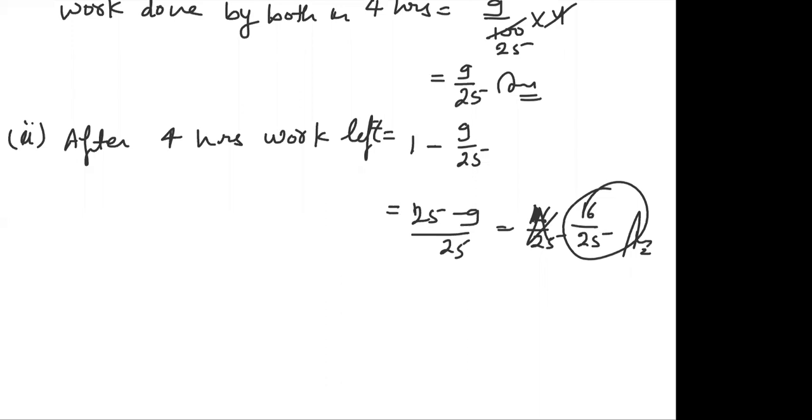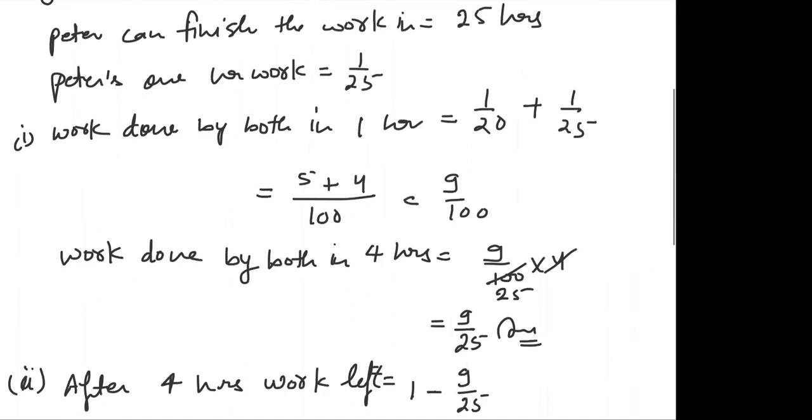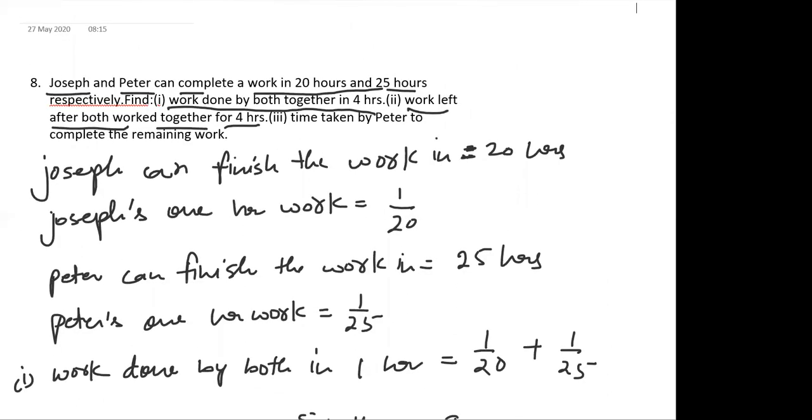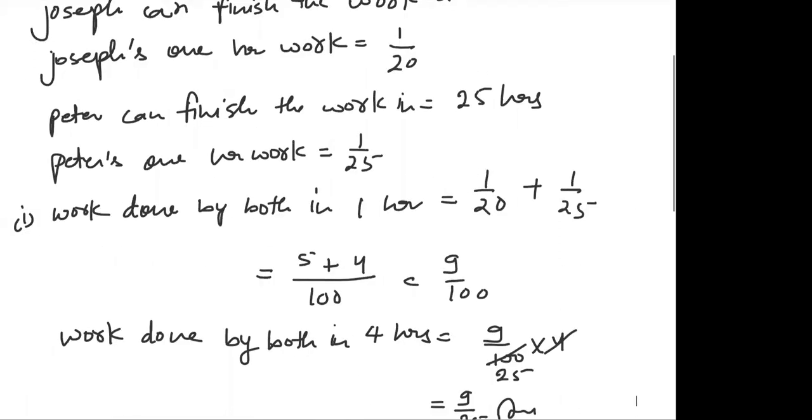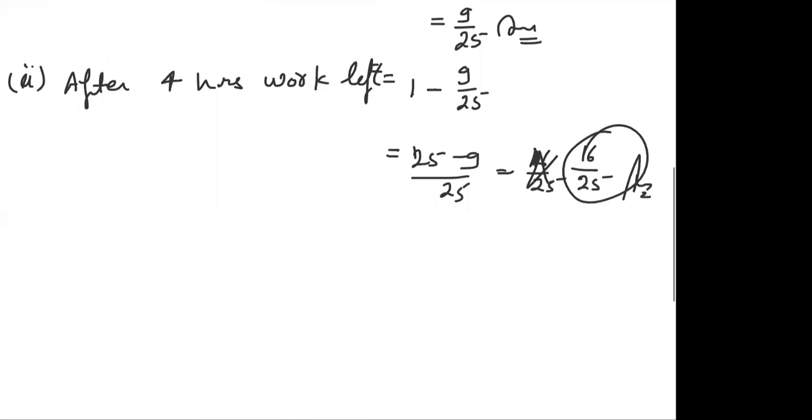In third part of this question, what do we have to find? Time taken by Peter to complete the remaining work. This is the remaining work which we have found, 16/25.